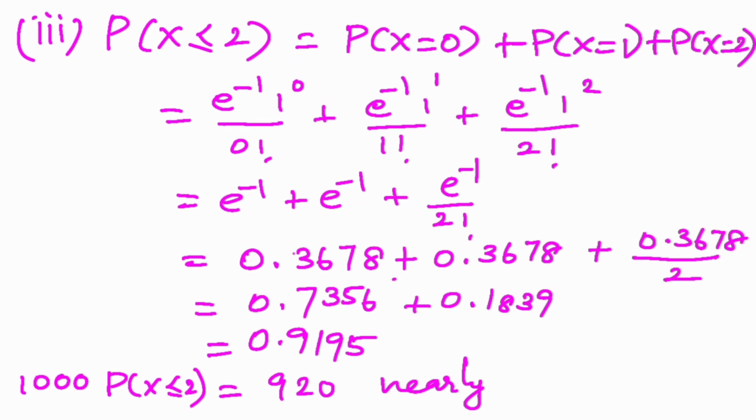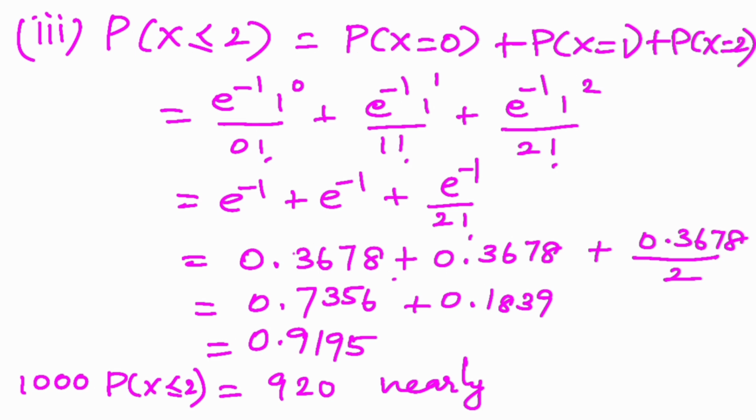Now the last case, at most two, probability of X less than or equal to 2. It is probability of X equal to 0 plus probability of X equal to 1 plus probability of X equal to 2. So respectively apply r as 0, 1, 2 in the probability mass function of the Poisson distribution, and we already know lambda is 1. So we get e power minus 1 as the first term, plus the second term e power minus 1, and the third term is e power minus 1 by 2 factorial.